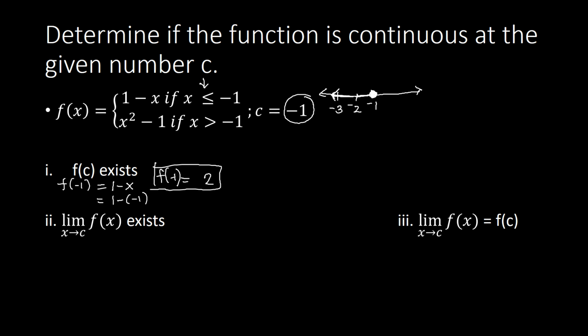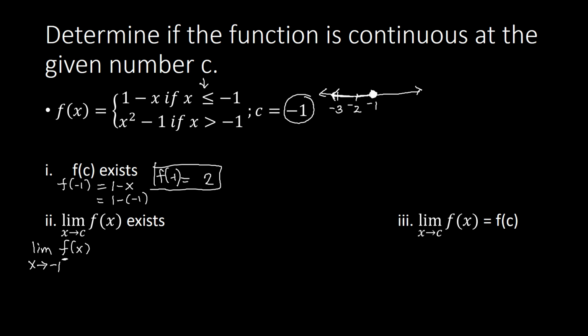Take note, this is a piecewise function, so we will be checking the limit of f of x as x approaches c, where c is negative 1. We're testing the left-hand limit. The negative at the top means we are checking the limit as x approaches negative 1 coming from the left side.